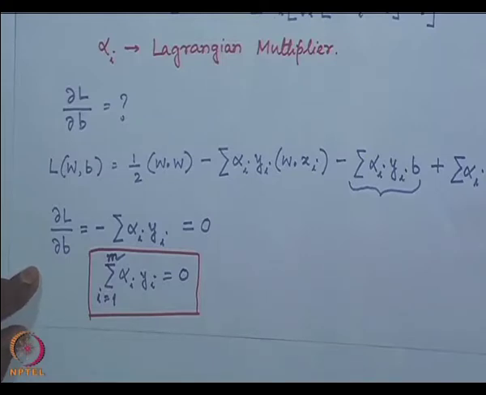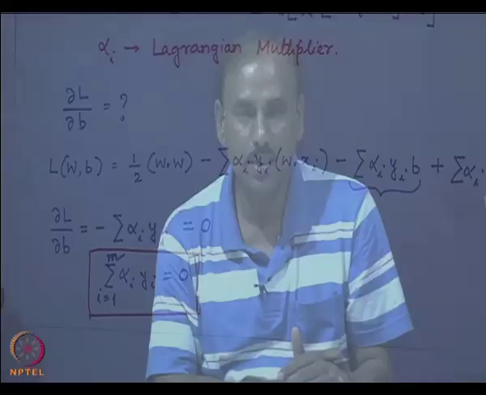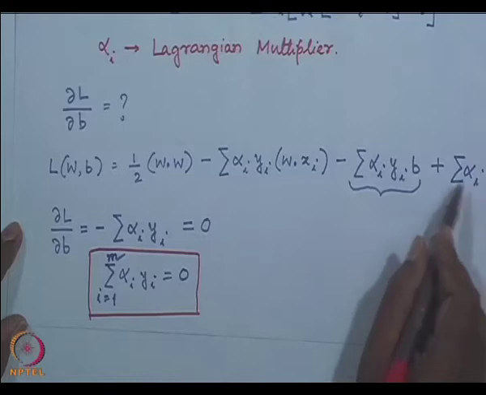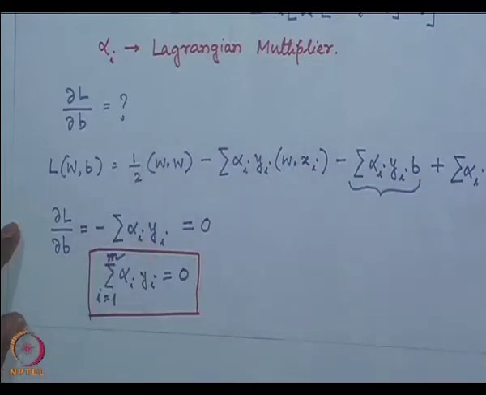Next, I will take the derivative of this Lagrangian L with respect to my weight vector w. So, again this is the same Lagrangian, and let me rewrite it in the expanded form.